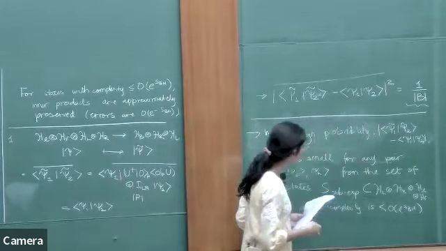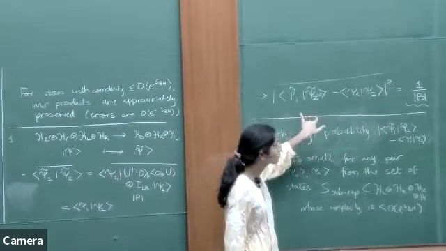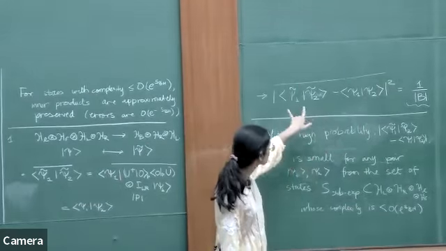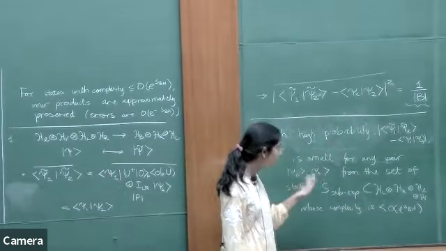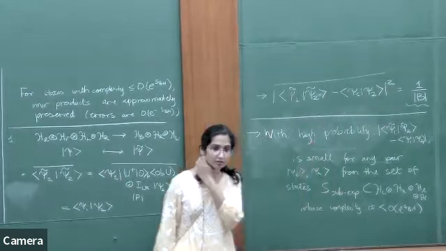The special thing here is that it only allowed me to show pairwise that there'll be a high probability of these things being close, but now I want to show that for any pair in some set, I can simultaneously have this deviation be small.